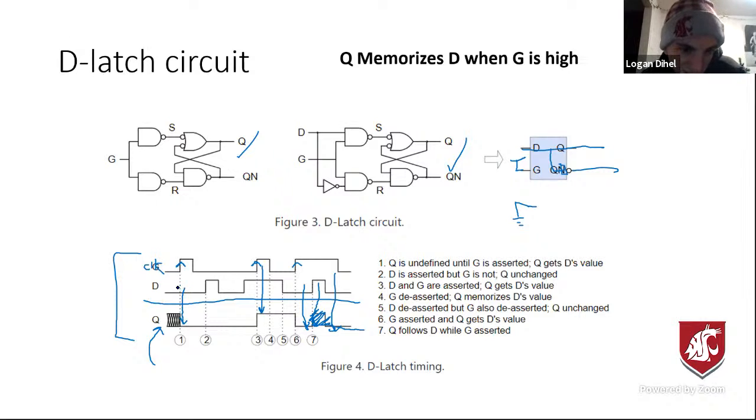D is a 0 in this case, so the output Q is going to be a 0 until we get to the next rising edge. We look at the next rising edge and ask what D is. D's a 1, so Q is going to be a 1, and it stays a 1 until the next rising edge of the clock, which happens here. That rising edge corresponds to a 0 here, so Q is going to be 0. Because there are no more rising edges, it's just going to stay a 0.